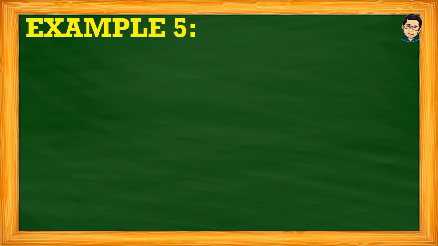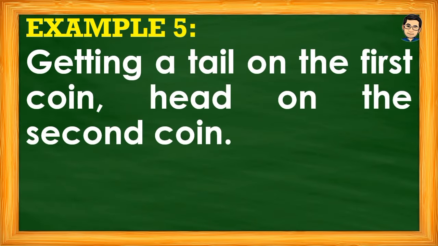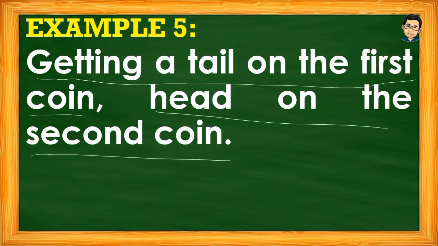So for example number 5, getting a tail on the first coin, head on the second coin. Okay. So for the first event, getting a tail on the first coin, head on the second coin. So yung result ba ng first toss ng coin, nakaka-affect ba sa result ng pag-toss ng second coin?